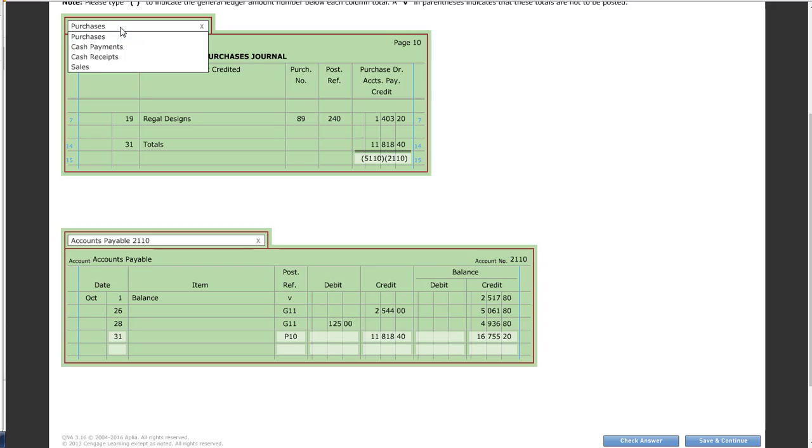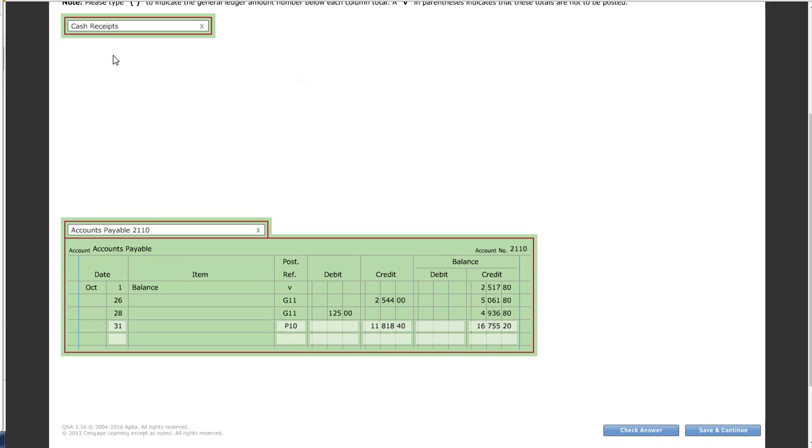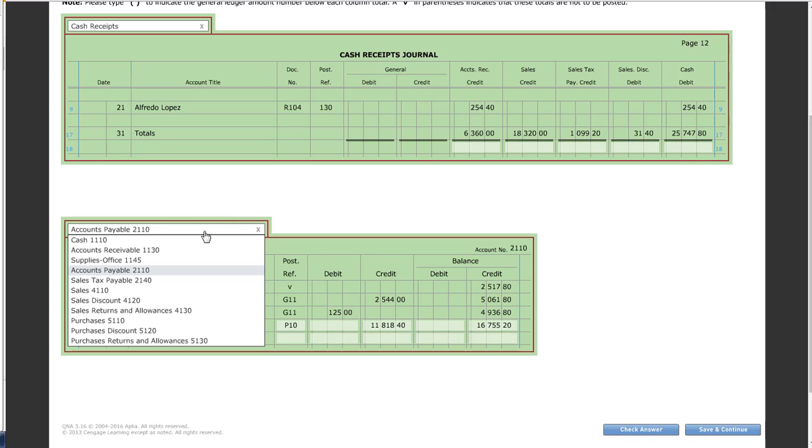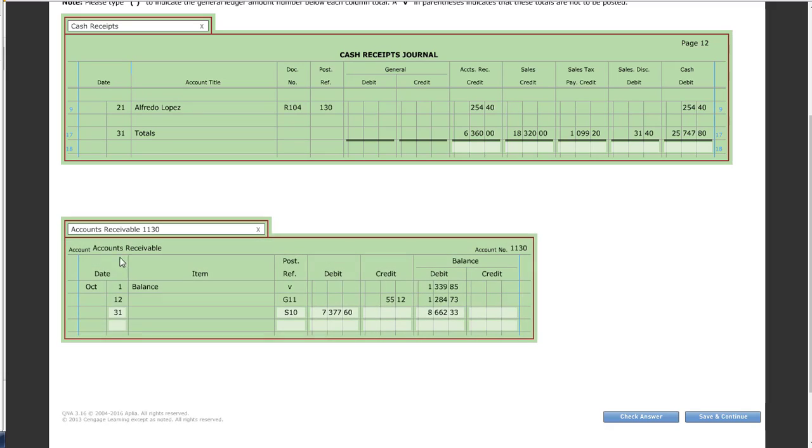After my purchases journal, I'm going to jump to my cash receipts journal. Starting on the left-hand side, moving across, there are no totals in my general debit and credit, so I don't need to put a check mark with parentheses. But I do need to start with my accounts receivable. So as of October 31st, I had in my cash receipts journal, page 12, accounts receivable credit of $6,360.